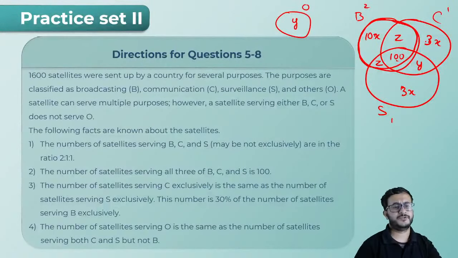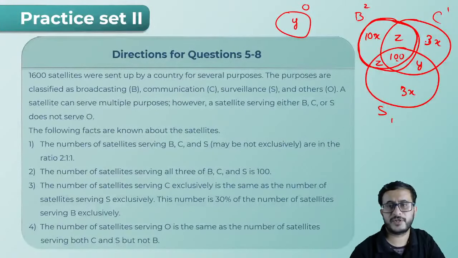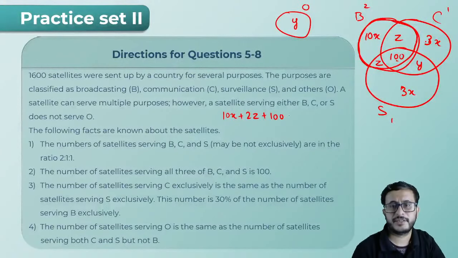Now let's use the first condition, that the total of B is 2 times the total of C and S, in the ratio 2:1. So let us put this equation. What do you get? You get 10x plus 2z plus 100 is 2 times 3x plus y plus z plus 100.